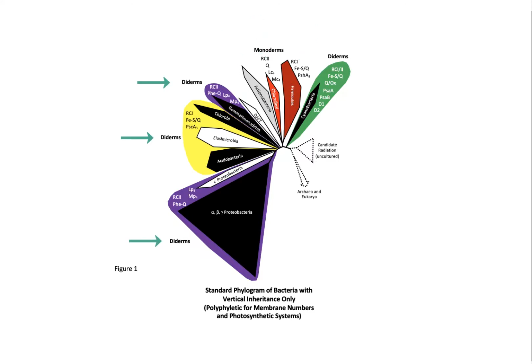And the diderms are split between those that have only reaction center 1 here, and the ones that have reaction center 2, and those are split. So how can those be explained? Because photosystems take a lot of different genes, and so it's hard to reconcile that those came together many different times in those different sets of organisms.